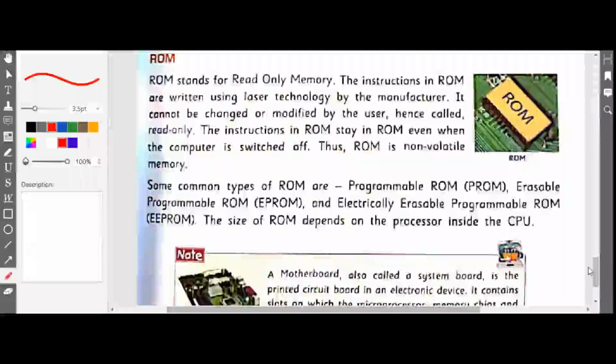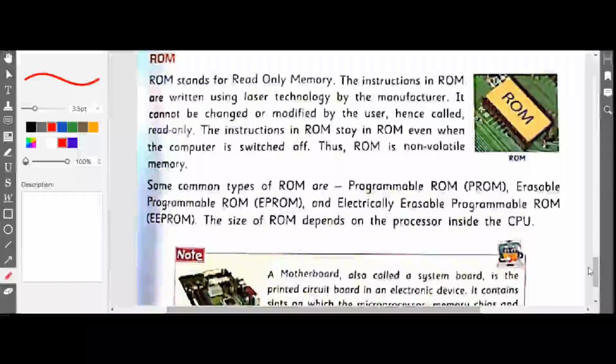That means it holds the instructions which are required to boot our computer. You can understand that it has the operating system files, because the operating system boots when you turn on your computer, and once the data is installed on the ROM, it cannot be deleted.